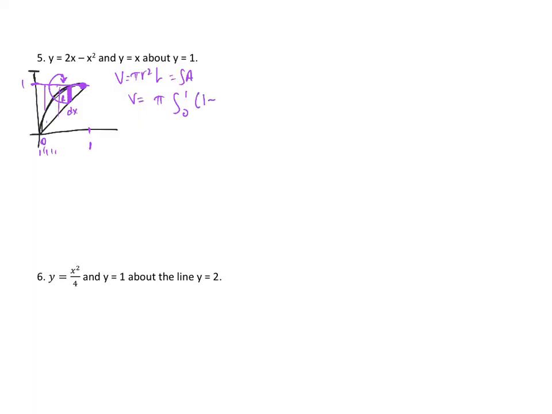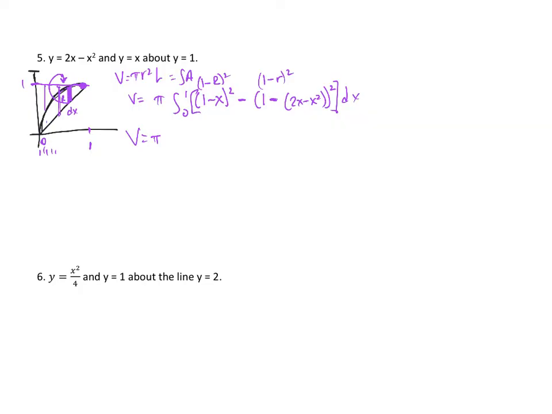And we're going to say 1 minus big R, which is just the x squared, minus 1 minus the little r. So this is 1 minus big R, this is 1 minus little r squared. So this will be 1 minus, and that's 2x minus x squared, squared dx. Okay, so the volume ends up being pi.